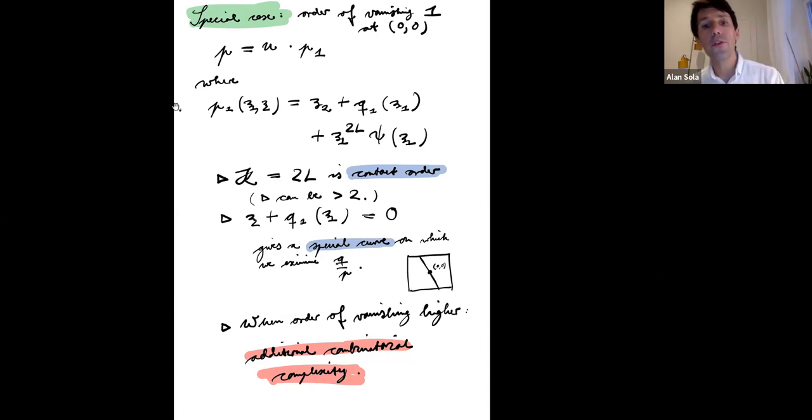So what does this local representation give us? Well, there's something special going on here when we examine points of the form Z1, comma, minus Q1 of Z1. Then these first 2 terms in the representation of P1 cancel out, and we're left with this Z1 to the 2L times psi.